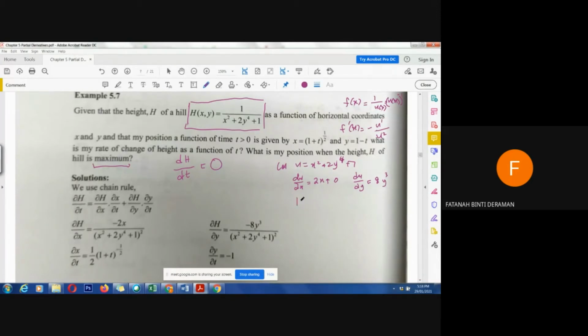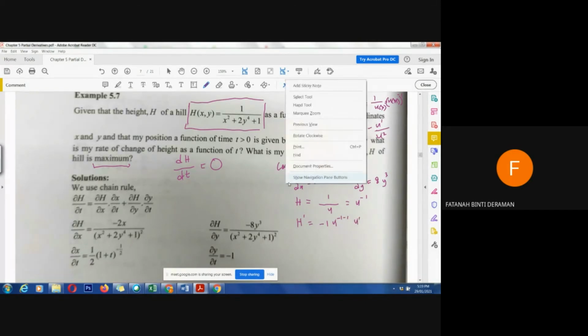What happened to this function? This function h is 1 over u, which equals u to the negative 1. So first, differentiate h with respect to x. You will have negative 1 times u to the negative 1 minus 1, and then u prime.